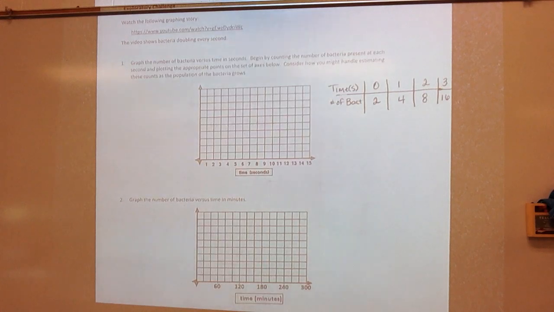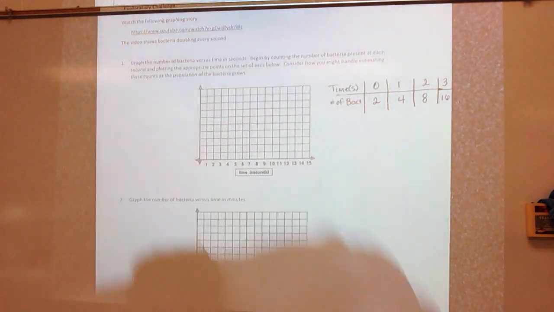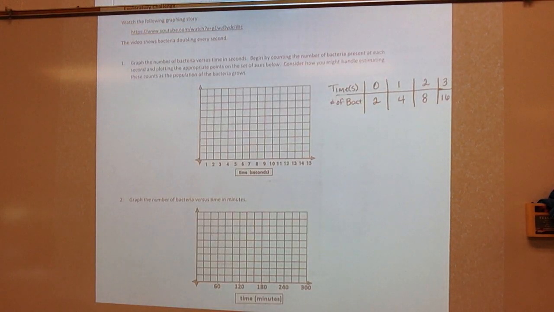If I'm looking at my table and seeing what's happening here, then I might be able to decide what I think is going to happen at the 4-second mark. What do I think is going to happen at the 5-second mark?